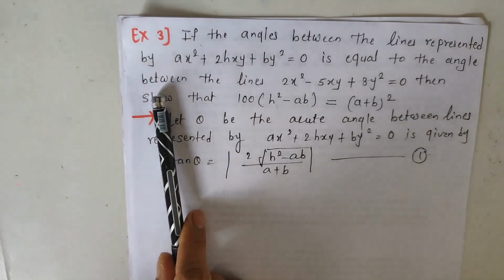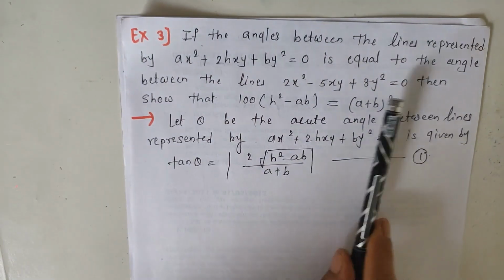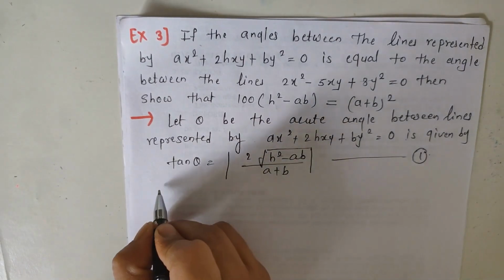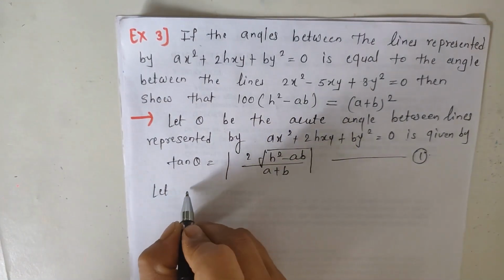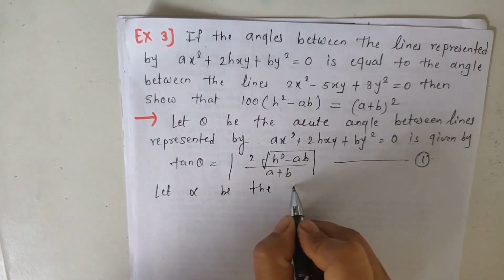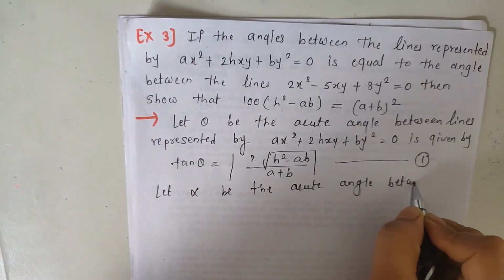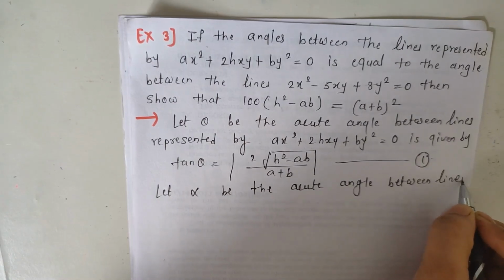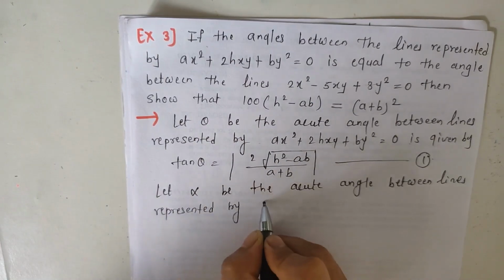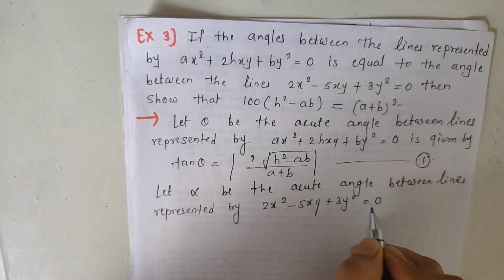Now the second condition is the acute angle between the lines 2x square minus 5xy plus 3y square is equal to 0. So here consider another angle alpha. Let alpha be the acute angle between the lines represented by the equation 2x square minus 5xy plus 3y square is equal to 0.